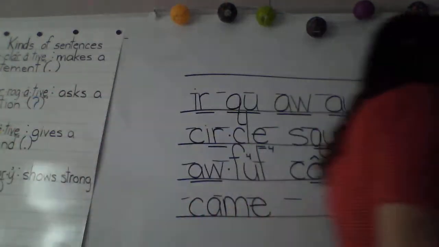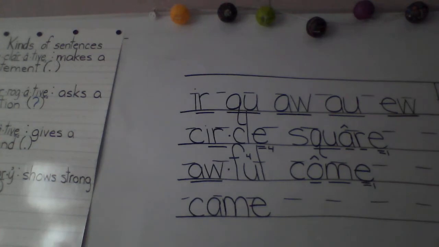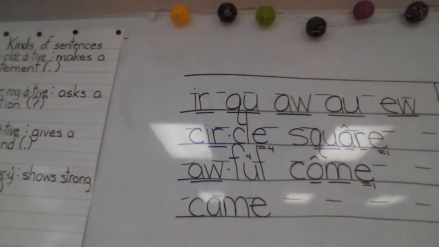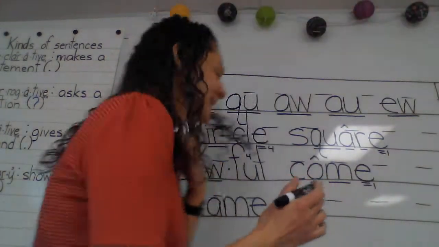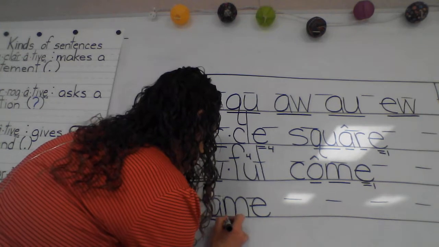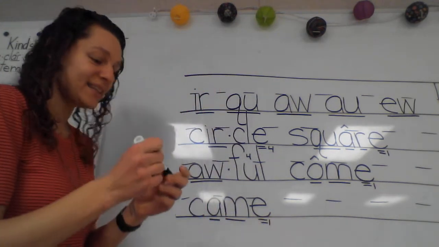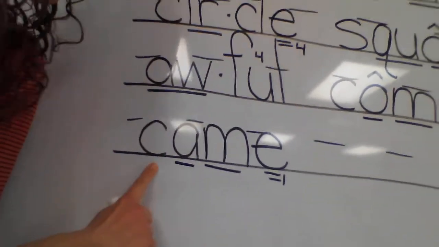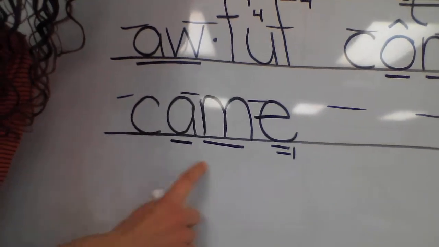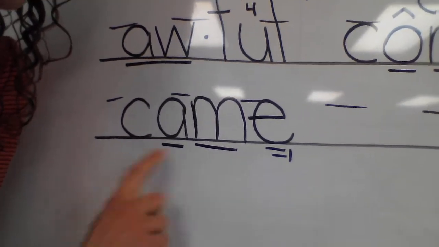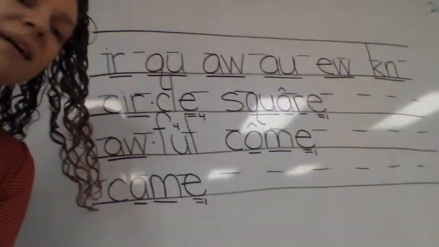Go ahead and mark it. All right, and let's read our word. We'll zoom in so we can see what our vowel is without the glare. Good. K-A-M, came.